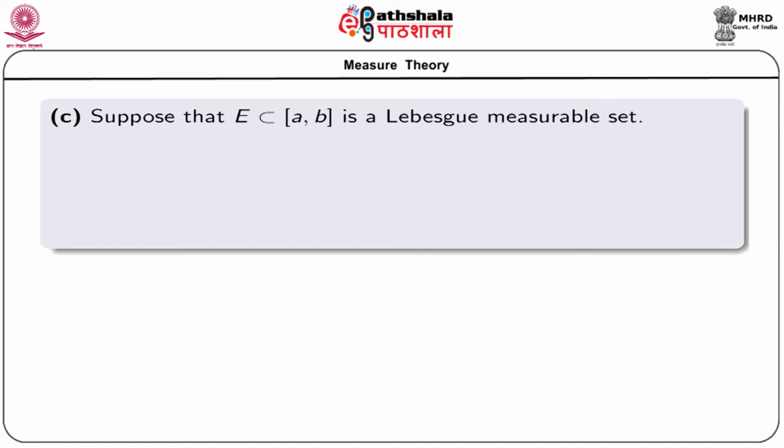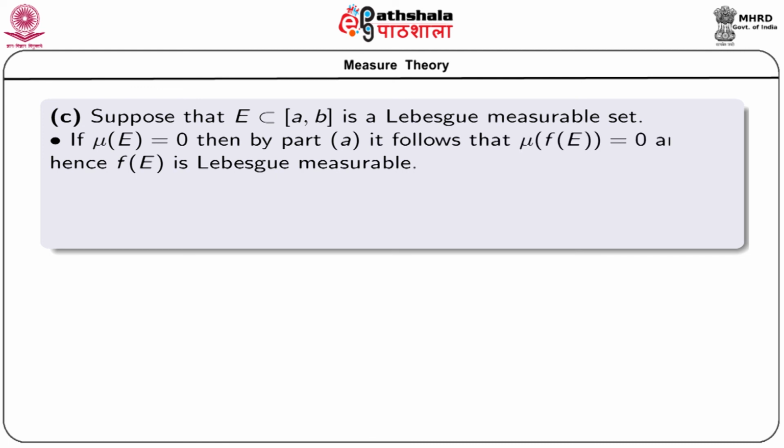Finally, suppose that E, a subset of the closed interval [a, b], is a Lebesgue measurable set. If mu of E is equal to 0, then already we have proved that mu of f(E) is also 0, and so f(E) should be Lebesgue measurable.